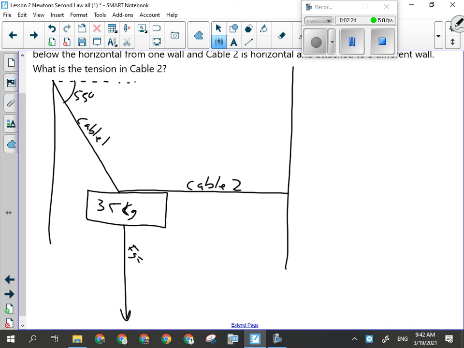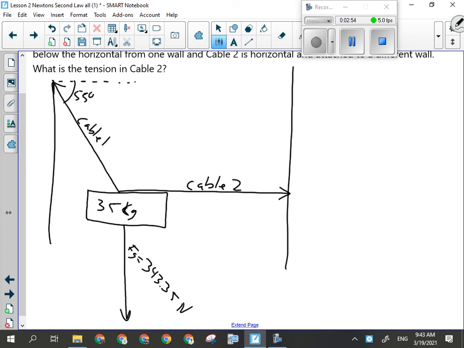And we can calculate how big that force of gravity is by multiplying 35 times 9.81, which is going to be 343.35 Newtons. Okay, so there's a downward force. My other forces are the tension in cable 2, that's what the question wants me to solve for, and the tension in cable 1. I don't know either one of those, but cable 1 is angled.